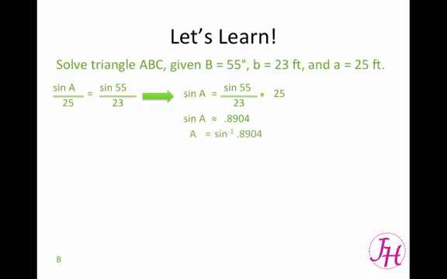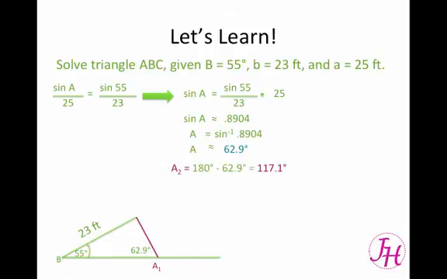So then we can find the measure of the angle, and we get 62.9 degrees. So we have our picture down here, and we can label what we know. And here's our side for the angle that we just found. So that's A sub 1, and we can write in that 62.9 degrees.